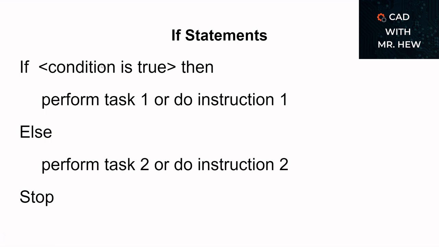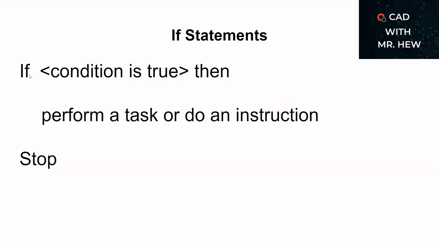So we have, if the condition is true, then we'll perform task 1 or instruction 1, and then the program will stop. If the condition is false, then task 2 or instruction 2 will be executed in the if then else statement.